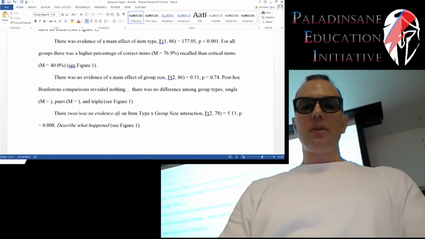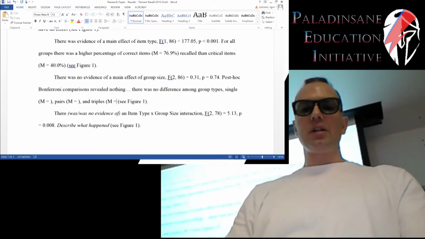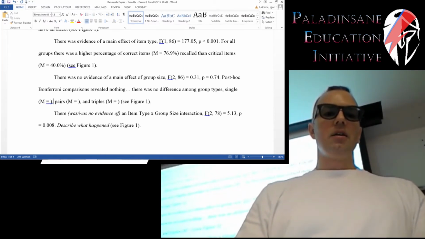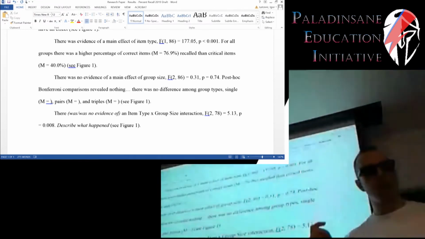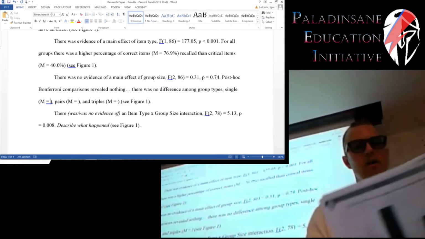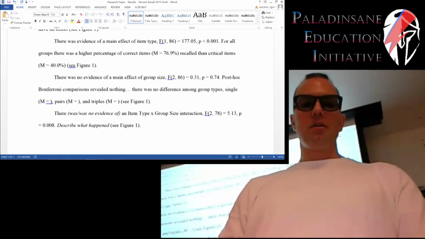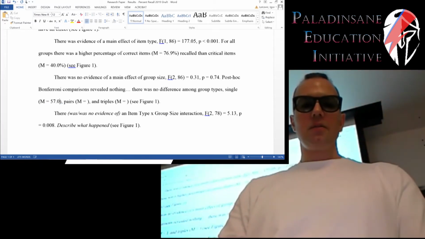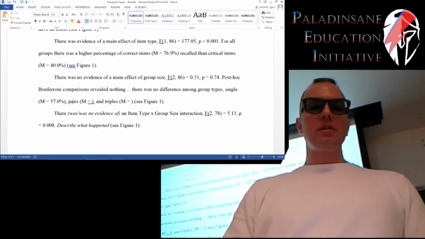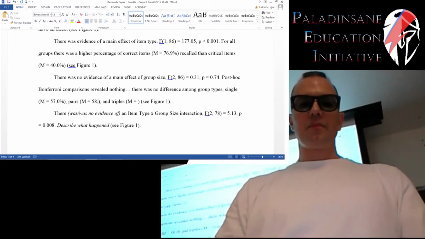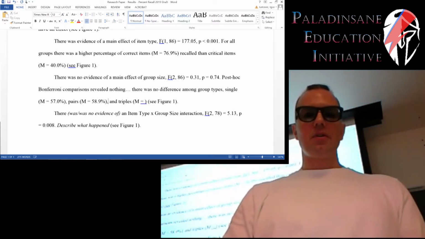So I will put that in here, and if somebody can just let me know what was the mean items recalled for the singles. All right, and for pairs. And lastly for triples.